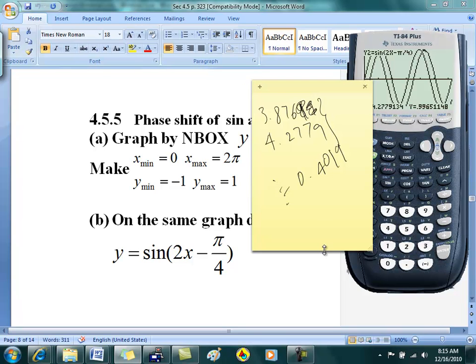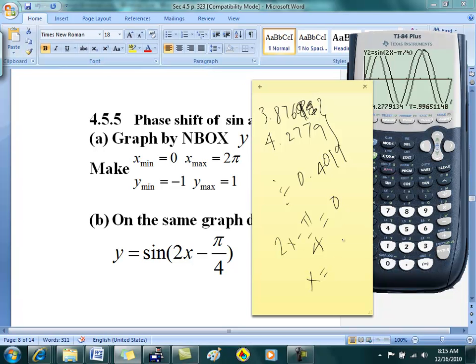To do it mathematically, you go 2x minus pi over 4 equals 0, and you solve for x. So what's x equal to? Solve for x. 2x minus pi over 4 equals 0. x equals pi over 8.